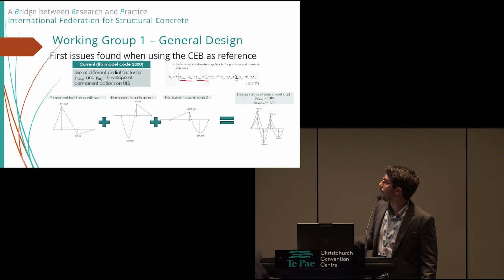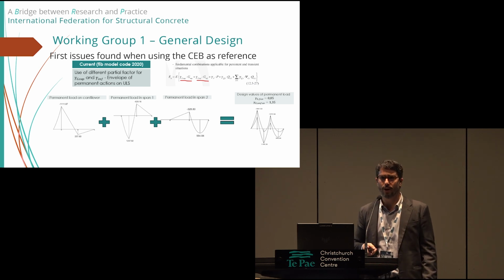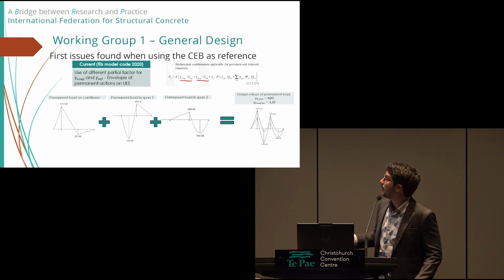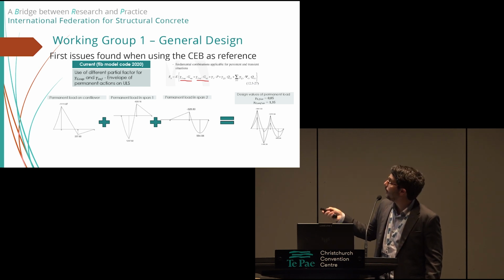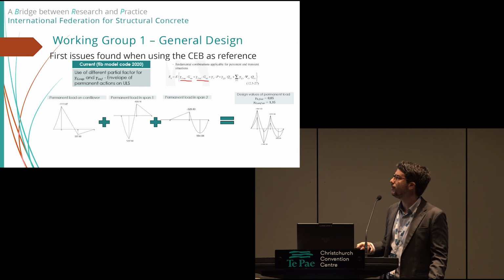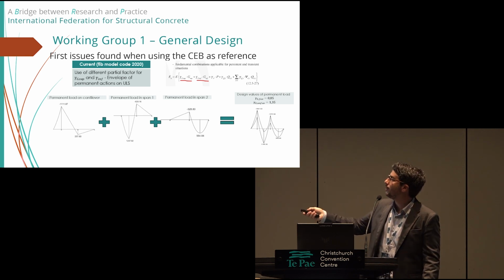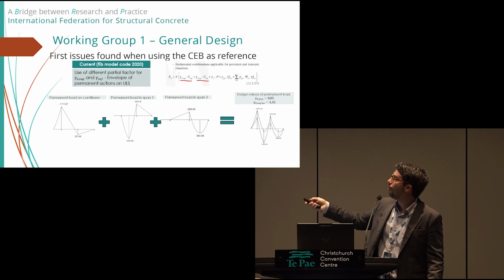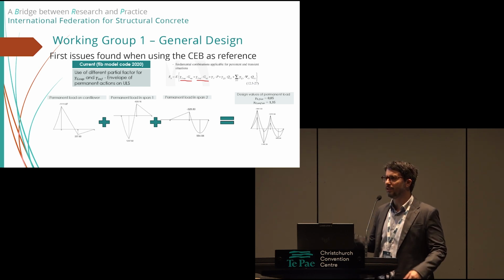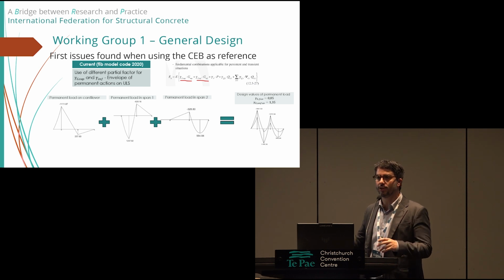So this is one issue that we found, something we are currently discussing in the working group, because the model code has two partial factors for permanent actions, for example. And in the example that we got, we had an envelope of permanent actions, which is not really how it's done in practitioner offices. So this is something that we are discussing.